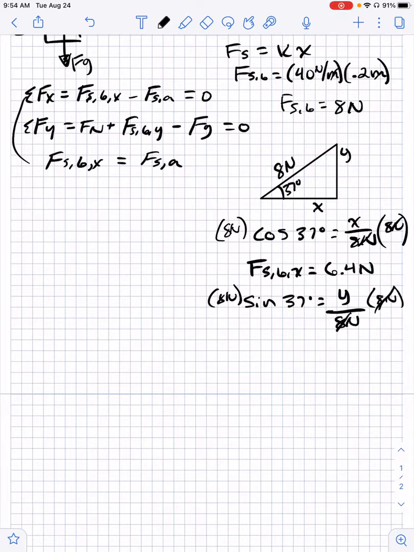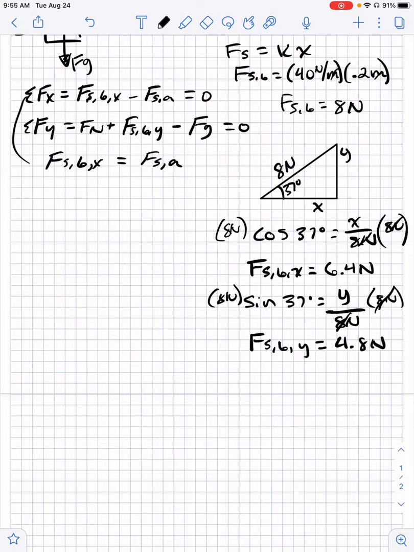So the y component of that spring B is just going to equal 8 newtons times sine 37. And what you should get for the force of spring B, the y part, is going to equal 4.8 newtons.